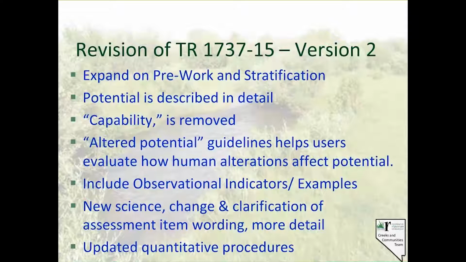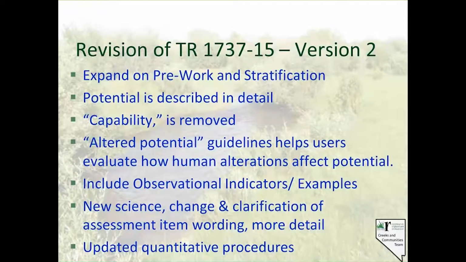Some of them are definitely new. Some of them maybe we were using before, but they're re-emphasized in the new version, the version 2, the 2015 version. That version particularly expands on pre-work and stratification because it's recognized that that kind of before you go to the field office work makes a huge difference when you get to the field about being able to understand what you see. And so the national team and the authors really emphasize that.